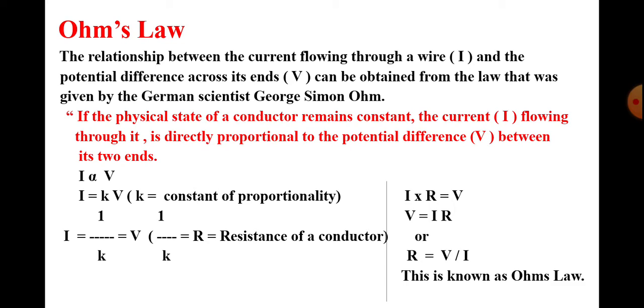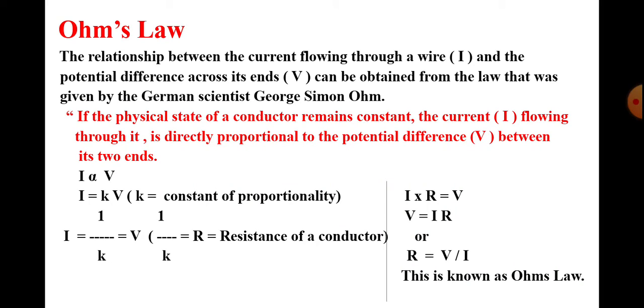Here we are going to learn Ohm's law. The relationship between the current flowing through a wire, that is capital I, and the potential difference across its ends, that is capital V, can be obtained from the law given by the German scientist Georg Simon Ohm.